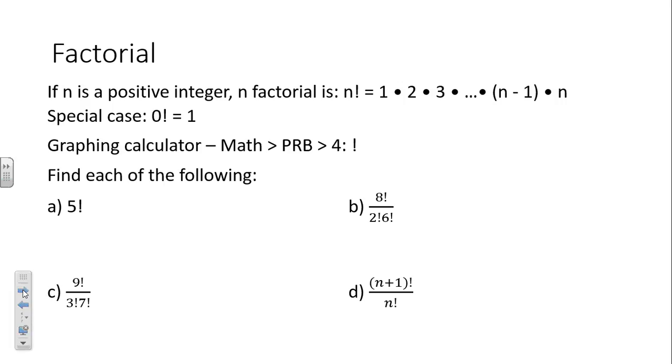So you remember good old factorial from last year, right? Last year was probably the first time you were exposed to it. Maybe you saw it before that. So if I want to find 5 factorial, what do I do? What does factorial mean?